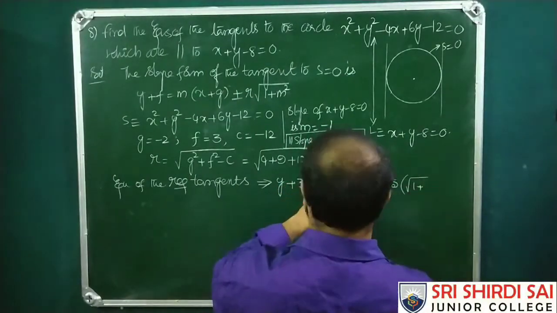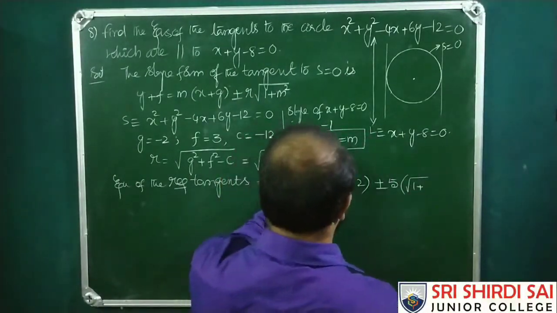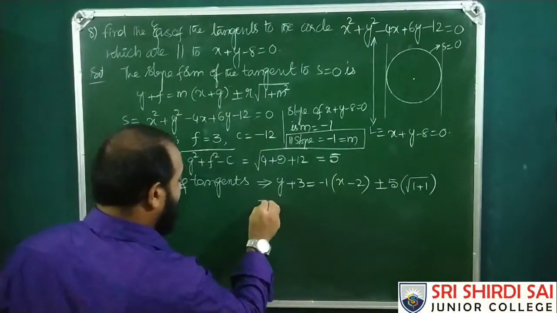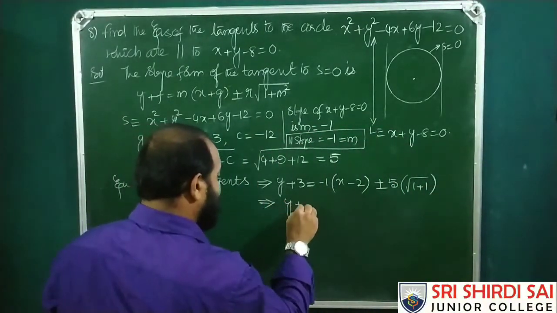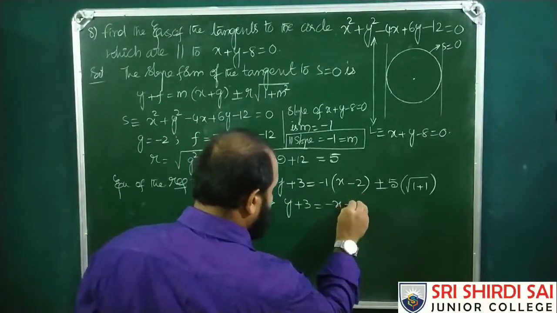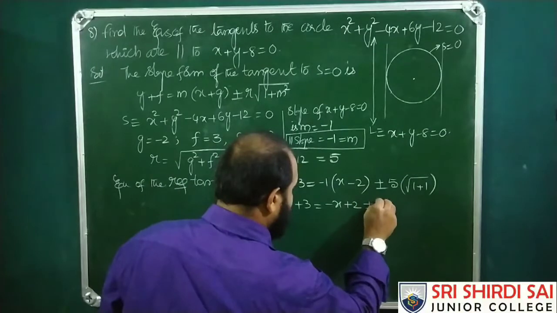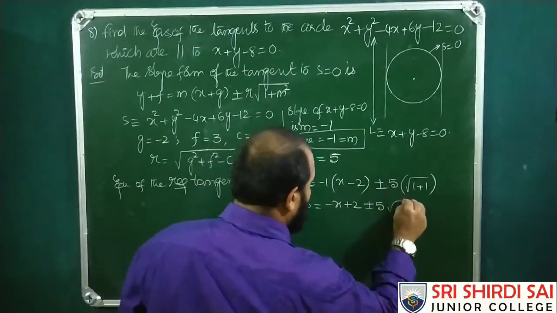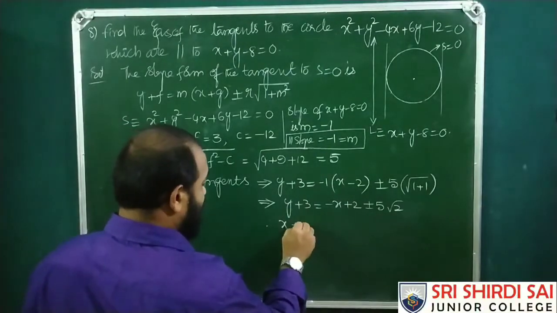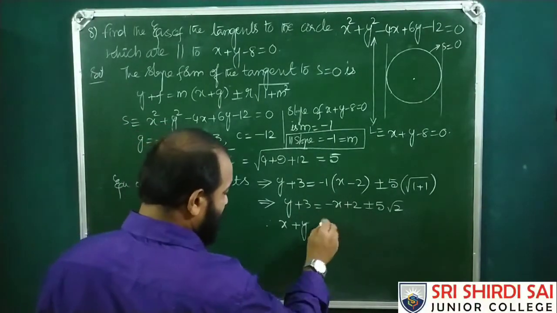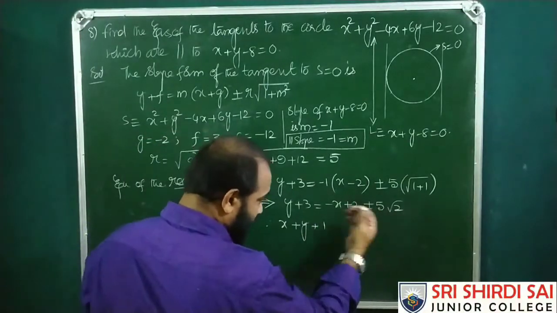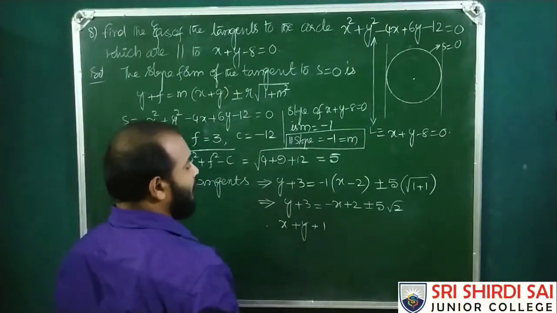So 1 + m², m value is −1, whole squared. That implies y + 3 = −x + 2 ± 5√2. Therefore x + y, 3 − 2 is +1, plus or minus 5√2 is equal to 0, are the equations of the required tangents.